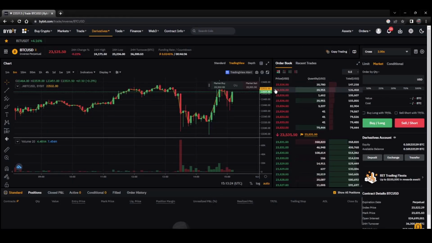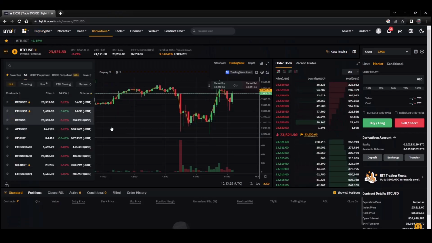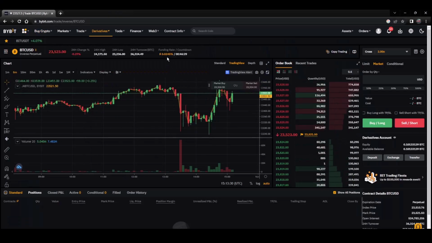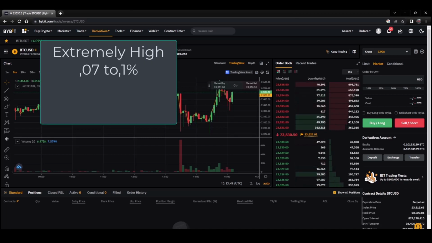Okay, the next thing I'm going to do is look at the funding. I'm inside my Bybit portal, and there you can see the funding rate is 0.0245%. The average is 0.01%, so this is a little bit high. Extremely high would be 0.07% to 1%.